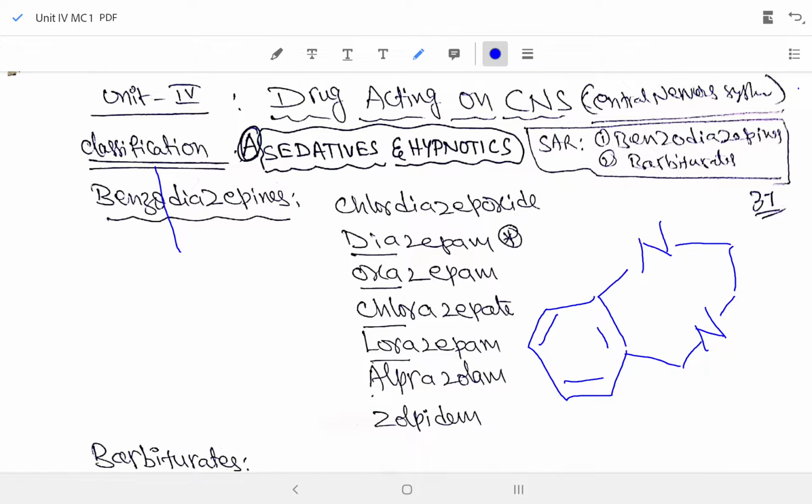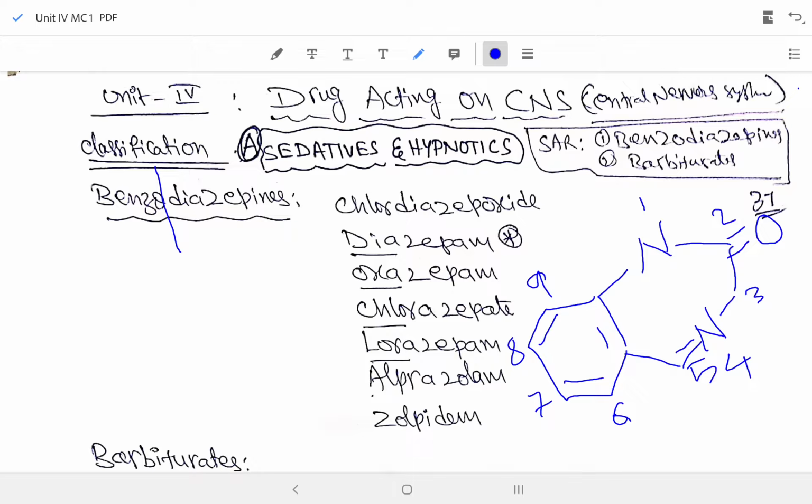Let us number it. There is a carbonyl functional group at second position. This is 1, this is 2, this is 3, this is 4, 5, 6, 7, 8, 9. There is a double bond at 4, 5 position. Fine.